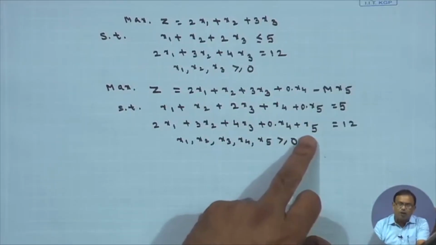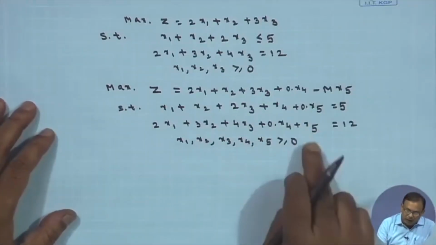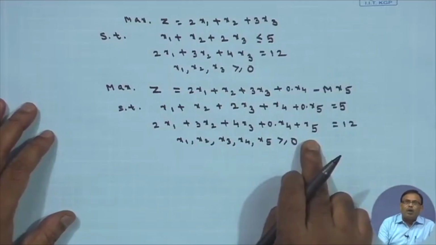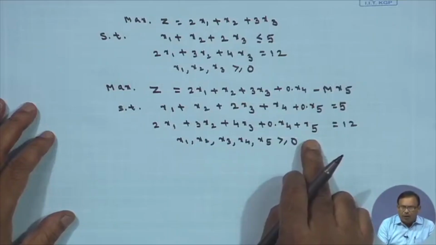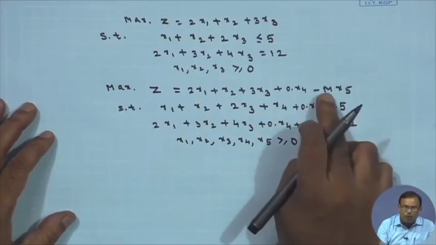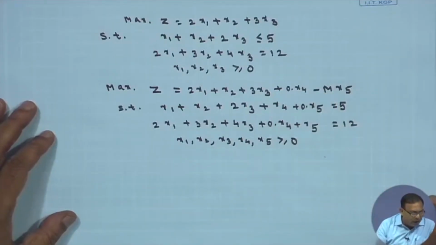So, please note that whenever you have an equality, sometimes, to obtain the initial basic feasible solution, you may have to add one artificial variable, and the coefficient of the artificial variable in the objective function will be, as usual, minus M.